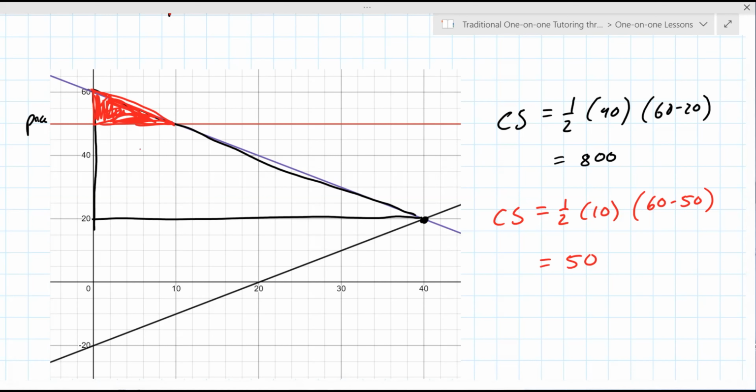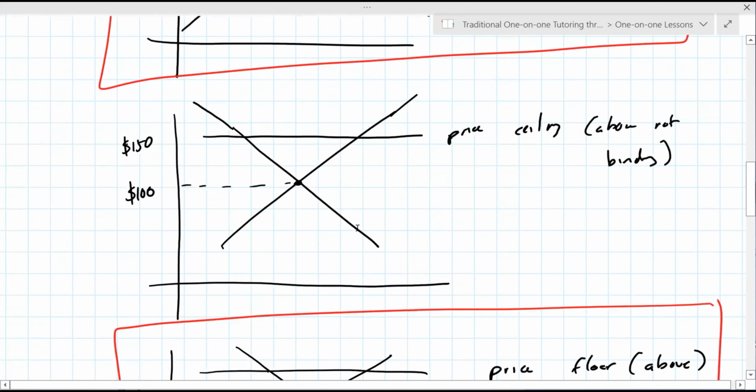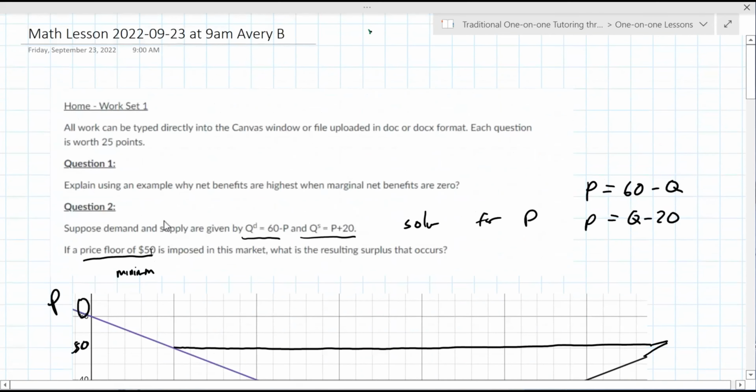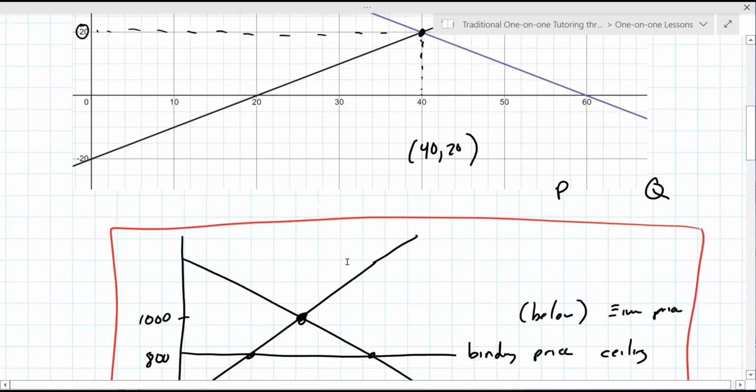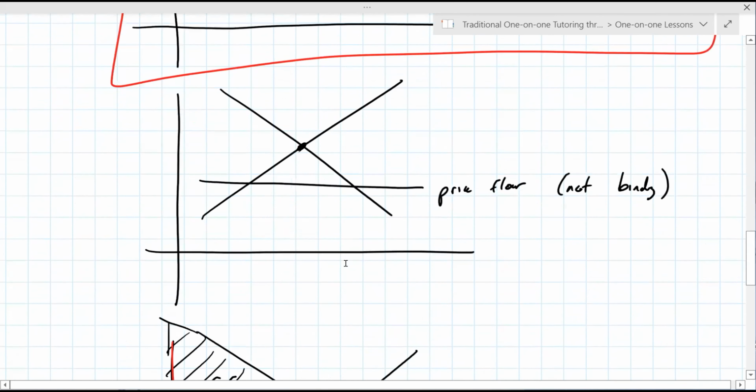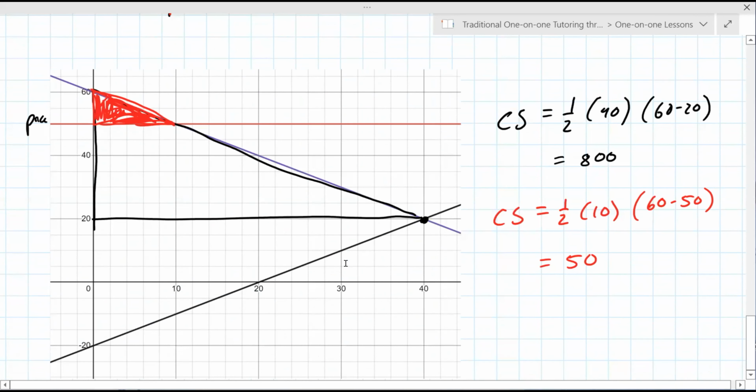Okay. All right, and is 50 the full answer to the question? Let me look again at the question. What I don't know for sure is the surplus that occurs.